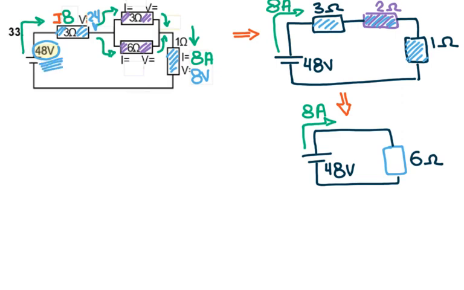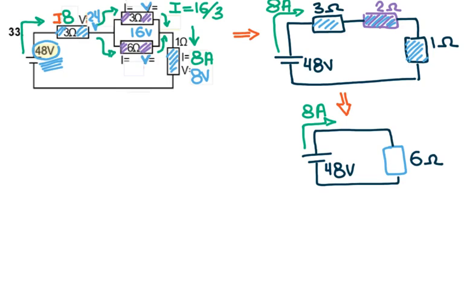I'm missing 16. So these two resistors in parallel share the same voltage, and that voltage that they share is 16 volt. So now 16 divided by 3 will be the current through this resistor, so that is 16 divided by 3.